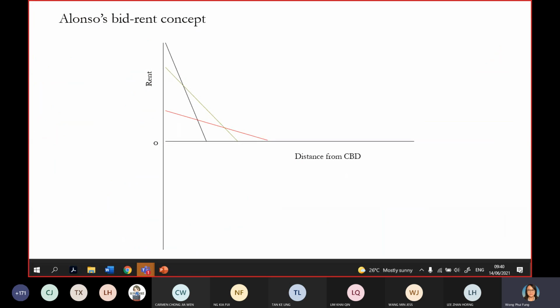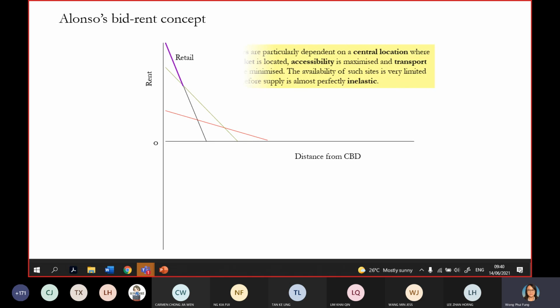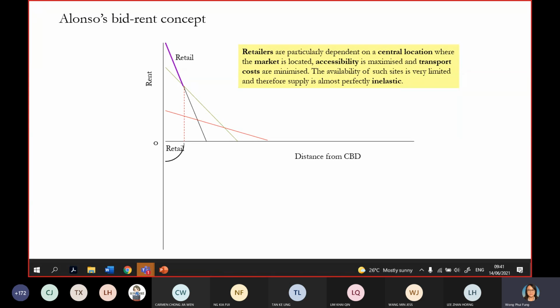Okay, all right. In summary, most businesses, for example retailers in particular, will depend on a central location where the market is located, which means city center accessibility is maximized, very convenient, and transportation costs are minimized because public transport is very convenient, with MRT, LRT, and even monorail.